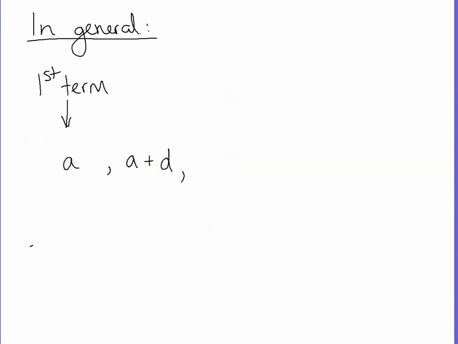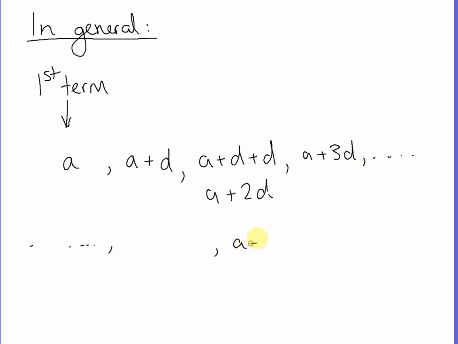Then what do we get in our third term? Well, we add on another difference again. So we've got A plus D plus another D, but obviously we would write that as A plus 2D. And then we keep adding on more differences, and that keeps on going until we reach the end. So if we start with the last term, we just need to start looking for patterns.